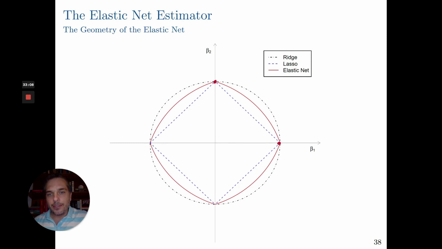So the elastic net has the kinks, so it continues to do variable selection, so it induces a sparse solution, but it introduces less penalty here in this region. So it's a kind of trade-off between lasso and ridge. Okay?